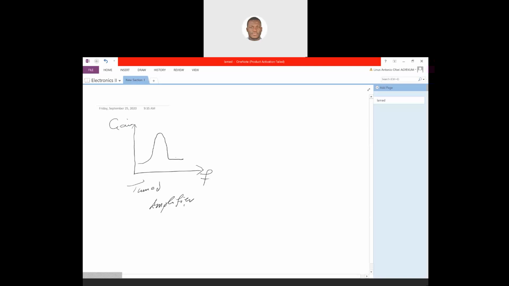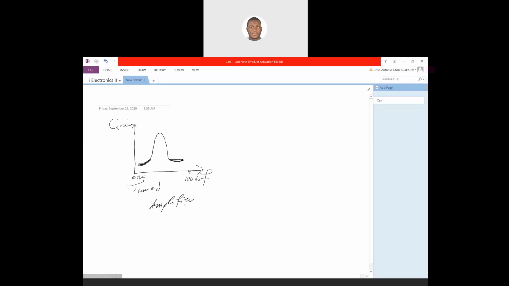Higher frequencies. So assuming this frequency here is 0 hertz, and we have frequency here to be 100 hertz, you realize that for tuned amplifiers, the gain of the amplifier falls at the lower frequencies and also at what?